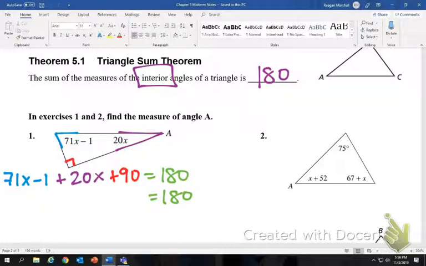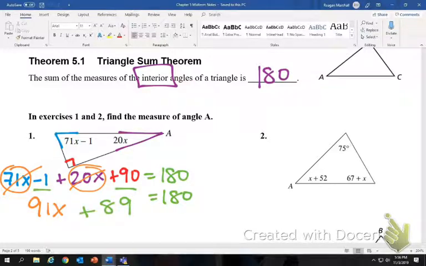Combine our like terms. Let's combine some x's. 71x plus 20x, which makes 91x. And then we have minus 1 plus 90, which is 89. Subtract 89. So on the left, we only have 91x. On the right, we actually have 91. Divide by 91, and x equals 1.